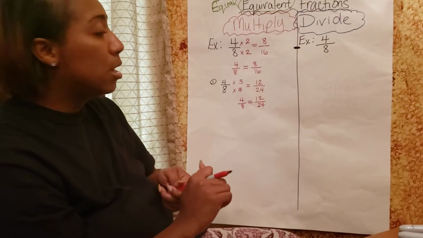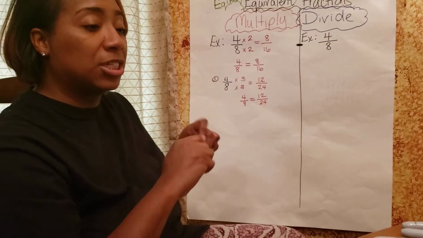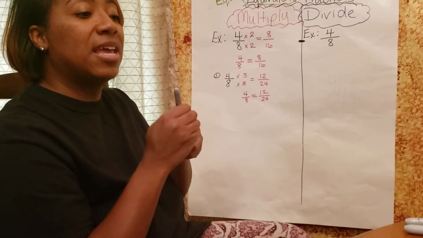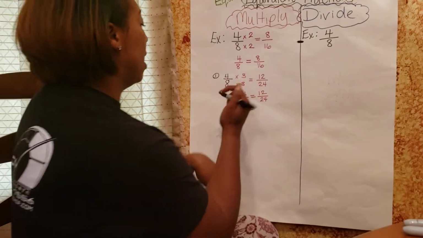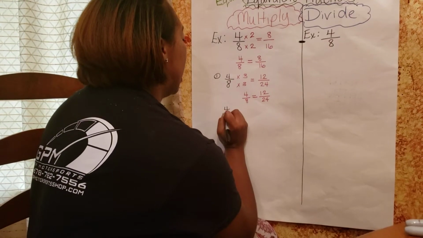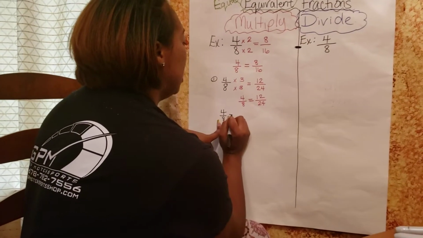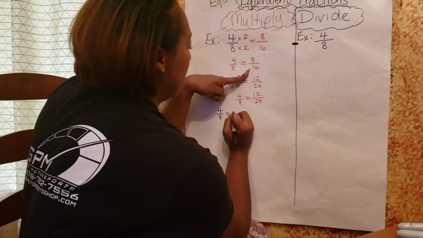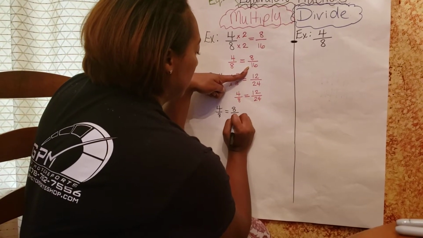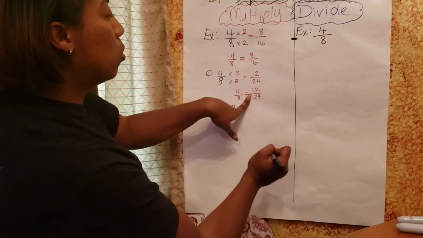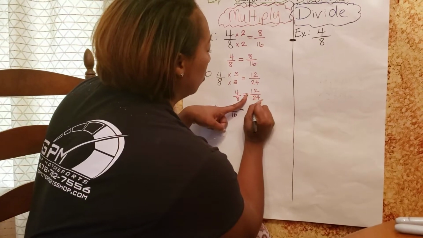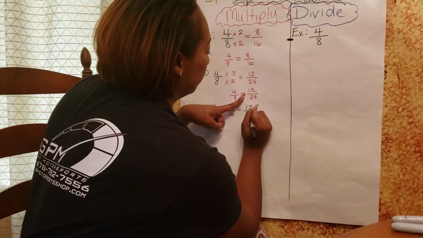Okay? So if I were writing my fractions that I started with and then made equivalent fractions, I would have 4/8 is equal to 8/16, which is also equal to 12/24.